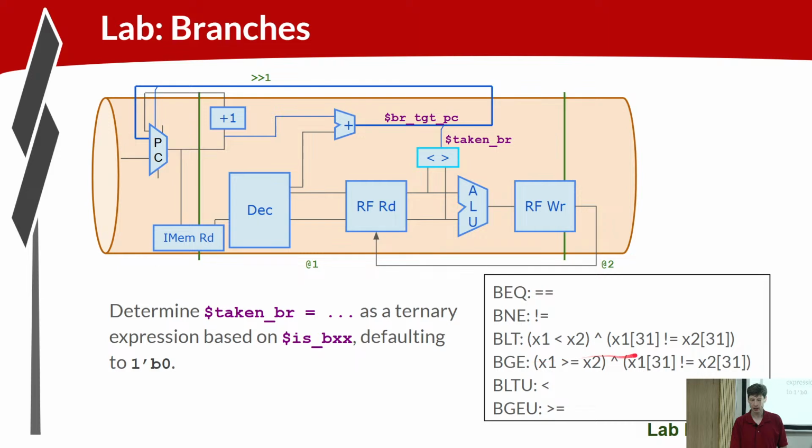Branch if greater than is similar, and these are unsigned comparisons, so they don't have the complexity of dealing with the signed bit. So BLTU, branch less than unsigned, you're going to take the branch if source 1 is less than source 2. The ISA defines these 6.